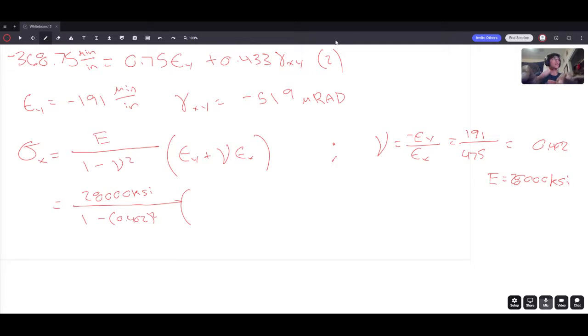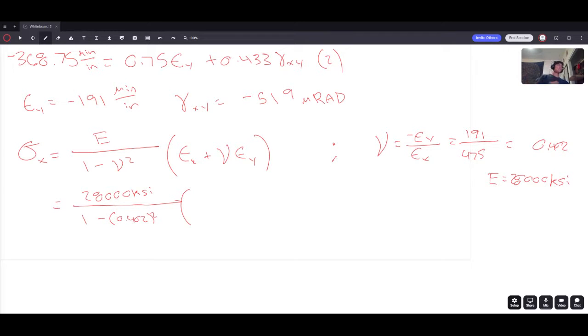Yeah, I have been saying it wrong this whole time. So sigma x equals modulus of elasticity over 1 minus Poisson's ratio squared, times epsilon x plus Poisson's ratio times epsilon y.